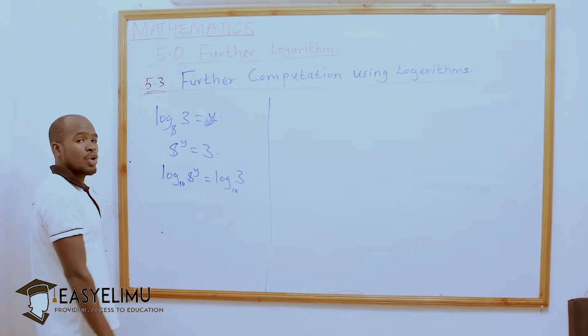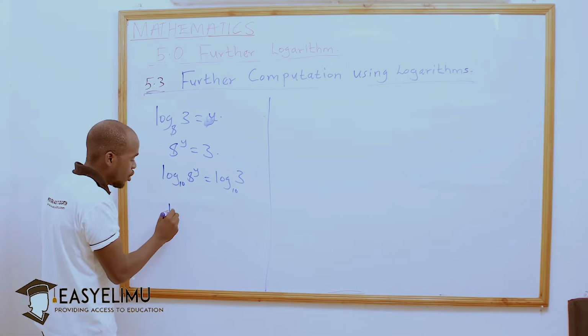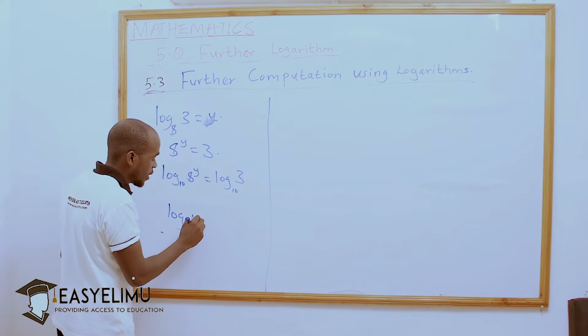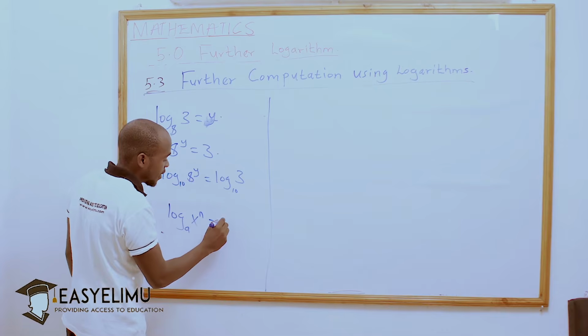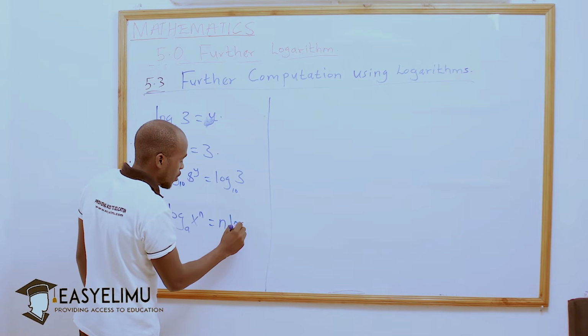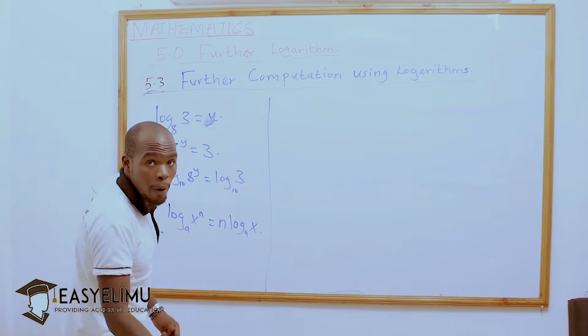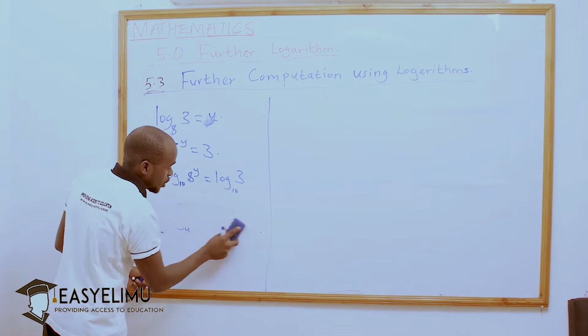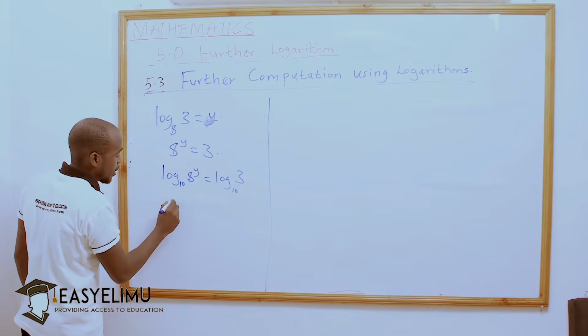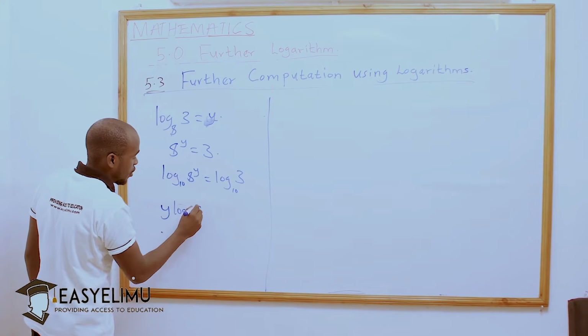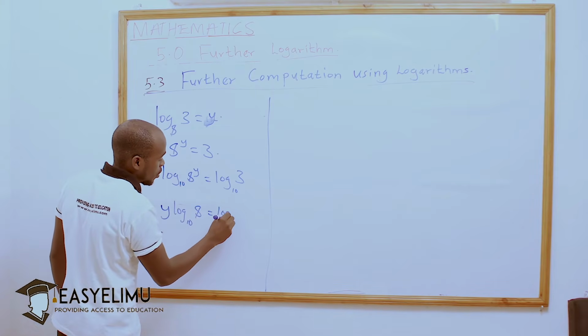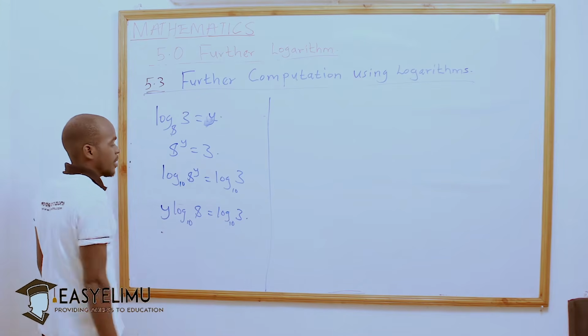For this one we know if you have log of x raised to n, it is the same as taking n times log of x. So in this case, we are justified to take y log to base 10 of 8 is equal to log to base 10 of 3.